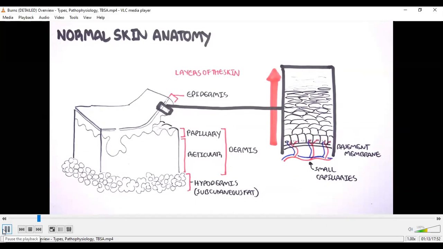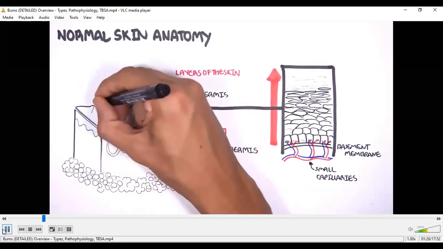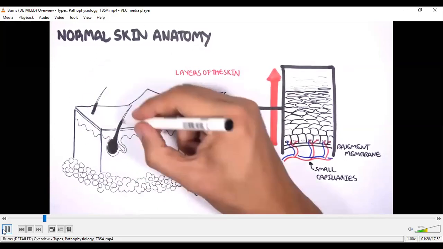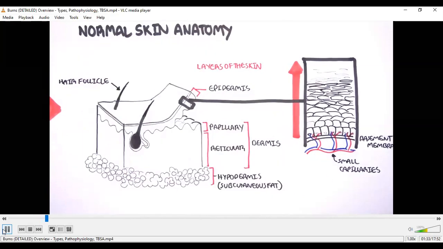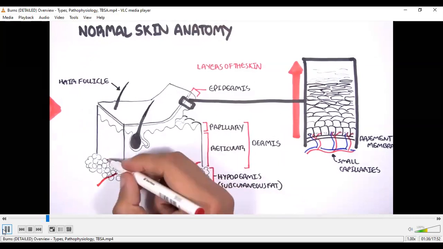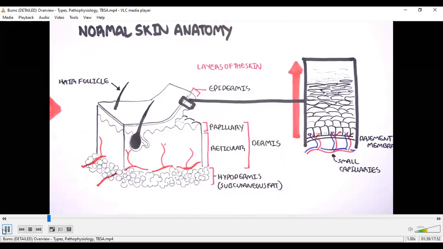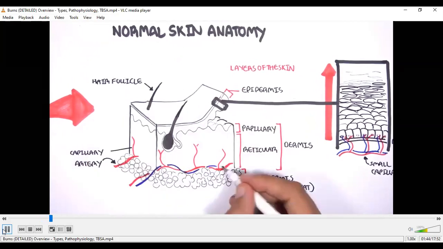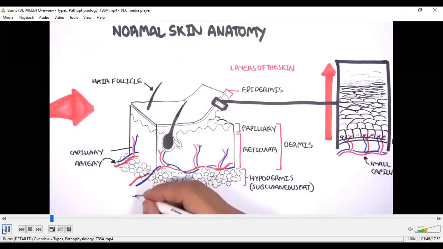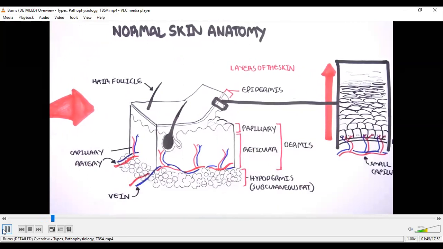Nutrients and to divide while moving up. As the cells divide and move up, they get less and less blood supply until they die essentially, and that is why you have thin skin on the top of your skin. Other important structures which make up the skin anatomy itself are the hair follicles, which help in sensation and indirectly in heat regulation and lubrication. The main arteries and veins that supply the skin really supply the hypodermis and dermis, and then the smaller capillaries branch off and supply all the way to the base of the epidermis.